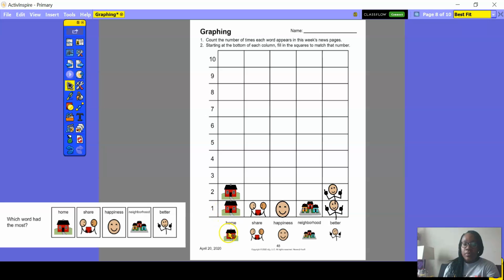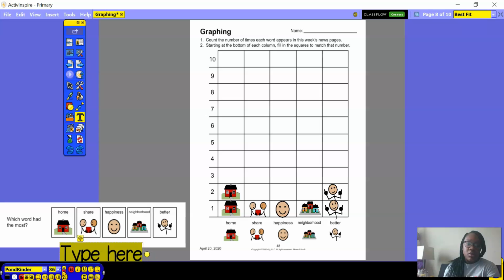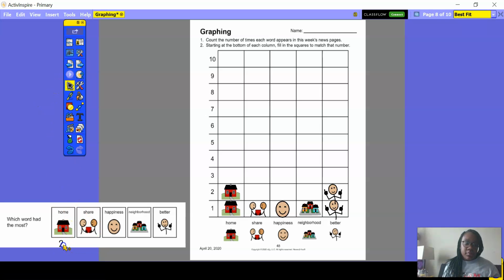So let's look at home. Home had 2. So I'm going to write a 2, make that a little smaller. Just to keep it a little organized for you guys, I'm going to write a 2 underneath home. All right. Share had 1.